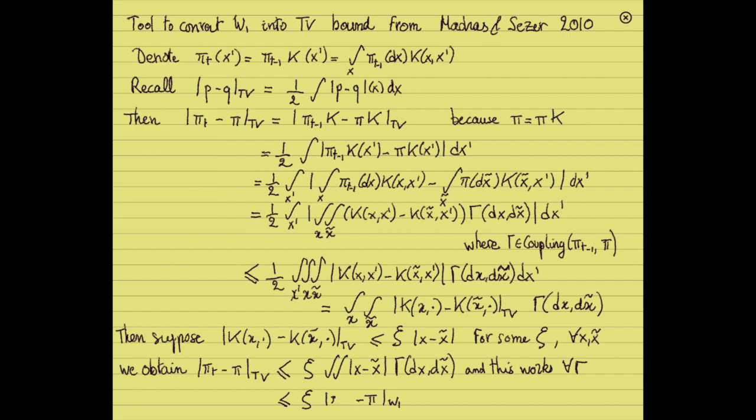And of course, this is what allows us to obtain a total variation upper bound from a Wasserstein 1 upper bound. So if we are back in the context of autoregressive processes of order 1, we can see how this can pan out.